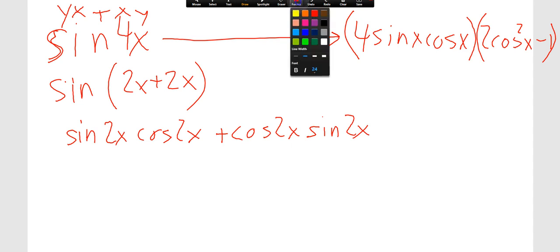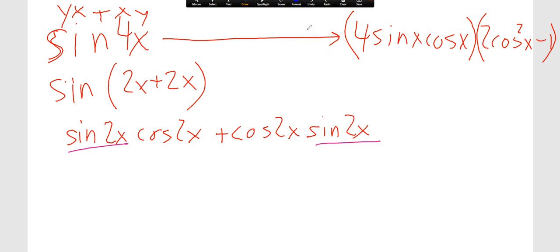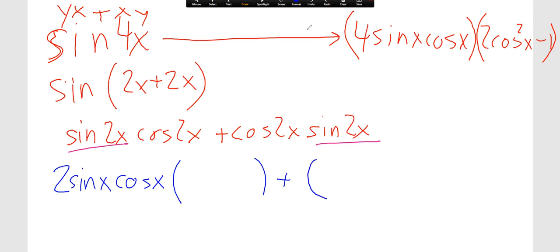Now, you don't have many choices for what you're going to replace sine 2x with, do you? All right, we know what we're going to replace that with. 2 sine x cosine x. But the better question is, what are you going to put in there for cosine 2x?